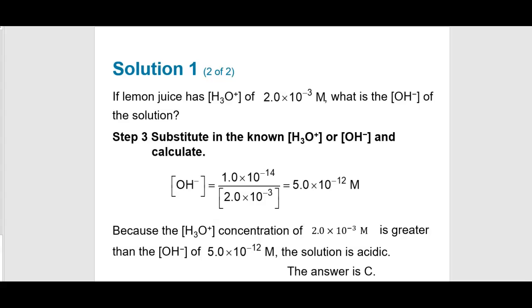Watch those negative exponents, because a larger absolute value among negative exponents actually means a smaller number. So 2 times 10 to the minus third is quite a lot larger than 10 to the minus 7th, which would be neutral. So that's a higher concentration. So it's an acidic solution. All right, that's how that is worked.